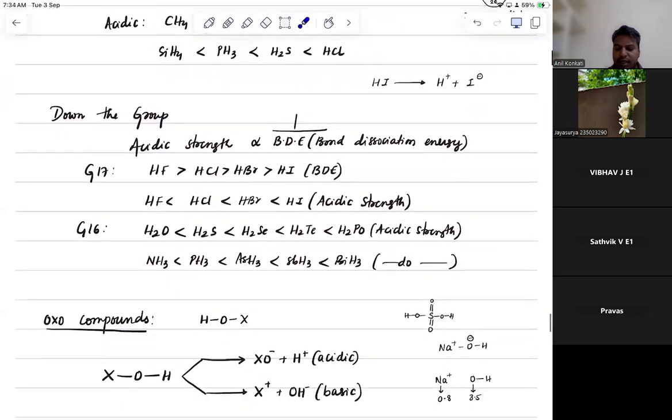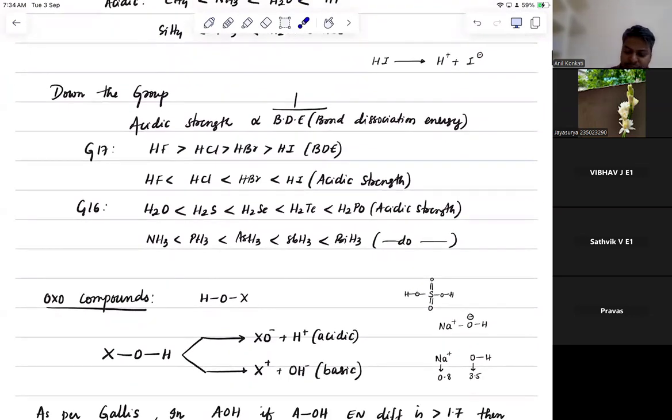Down the group, acidic strength depends upon bond dissociation energy and not electronegativity difference. You always need to judge on the basis of bond dissociation energy. For example, if you take HF, HCl, HBr, and HI, HF has the highest bond dissociation energy. Similarly, HI will have the most acidic strength in group 17.